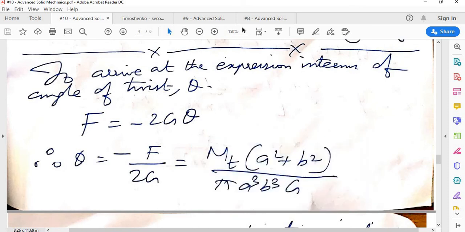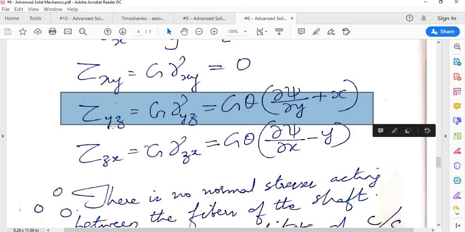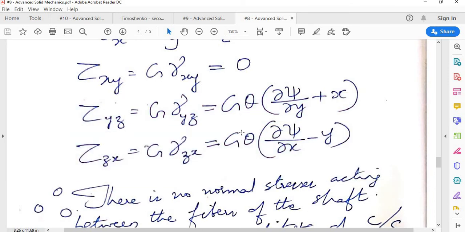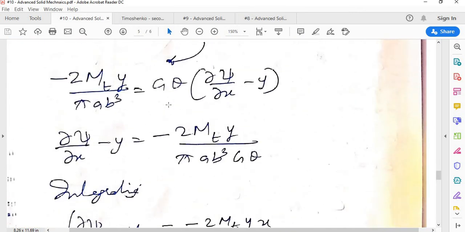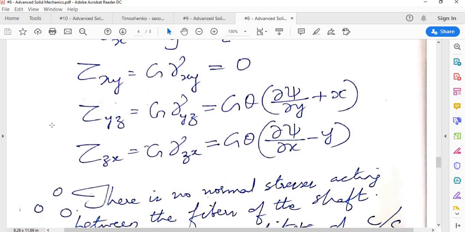Okay, so using either this first expression or the second expression, you can arrive at the expression for the warping function. So what you do is, you take any one expression and you integrate it. Here I have taken the expression in terms of tau zx.